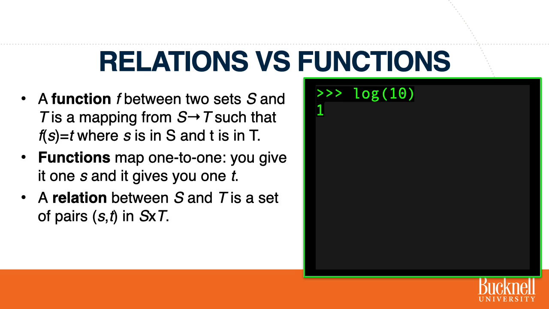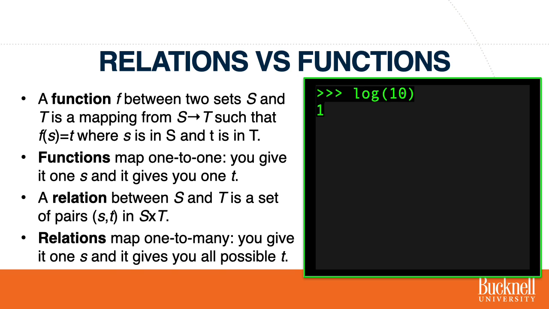A relation, on the other hand, describes a relationship between two sets where you have a set of pairs in the combined product of these two sets. A relation maps 1 to many. You give it one s and it gives you all possible t's that are allowed for that s.